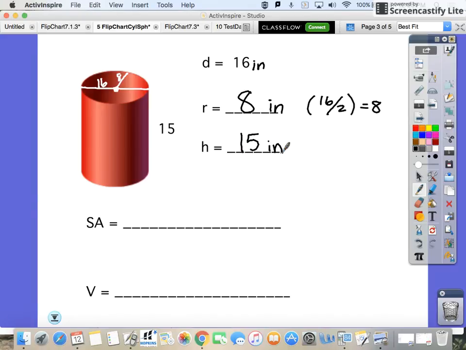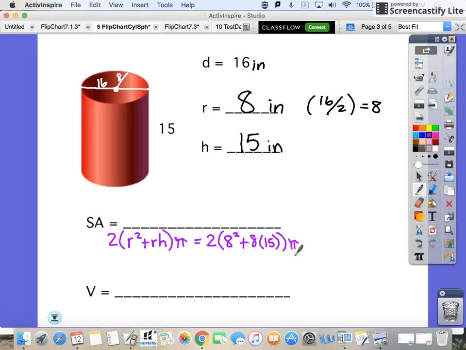And then the surface area. The surface area formula I asked you to write down for the cylinder is 2r squared plus rh, times pi. So for us, that's going to look like 2 times r squared, meaning 8 squared, plus 8 times 15, and then a pi at the end.